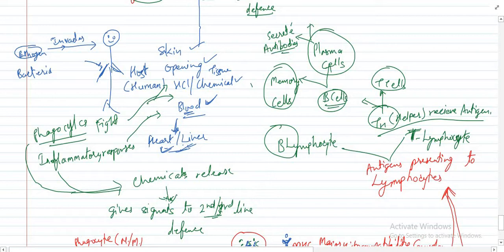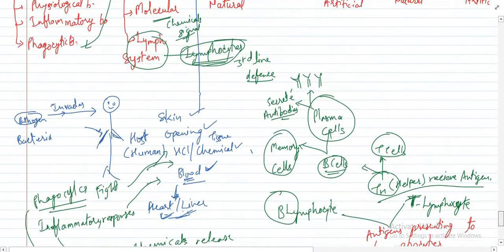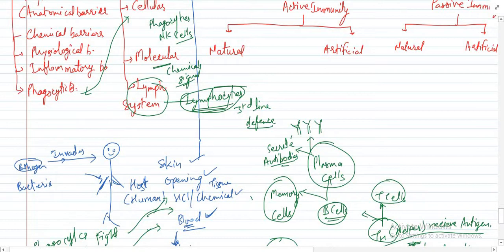They start secreting antibodies, and antibodies are like this. I already discussed this with you in the previous video. You can check out how these antibodies are, their structure and what the important parts are. Everything is given. So antibodies contain some parts here.